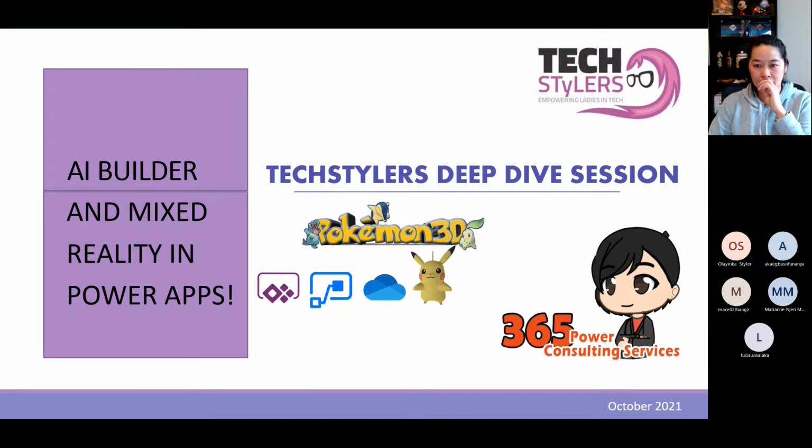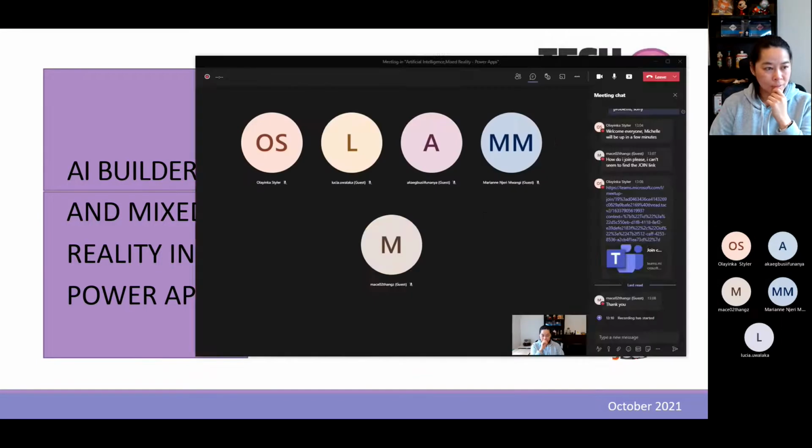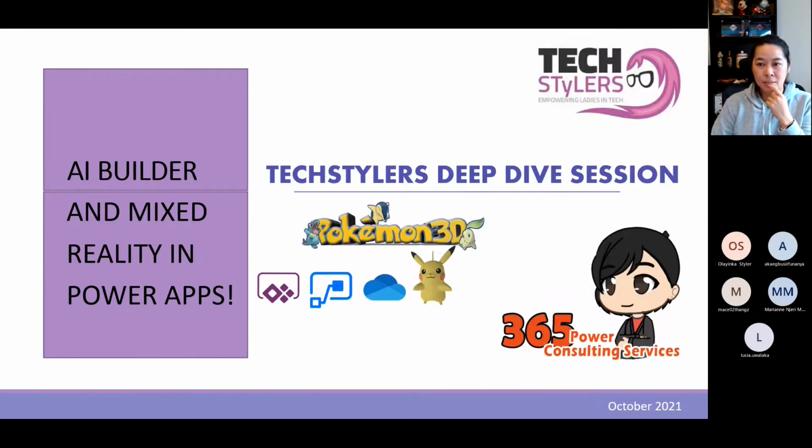I also set the Teams on the right side so I can see all of you. Since we're in a small group, I would like to do a little bit of interaction. So if you don't mind, you can open your camera, or just ask questions if you have any during my presentation.